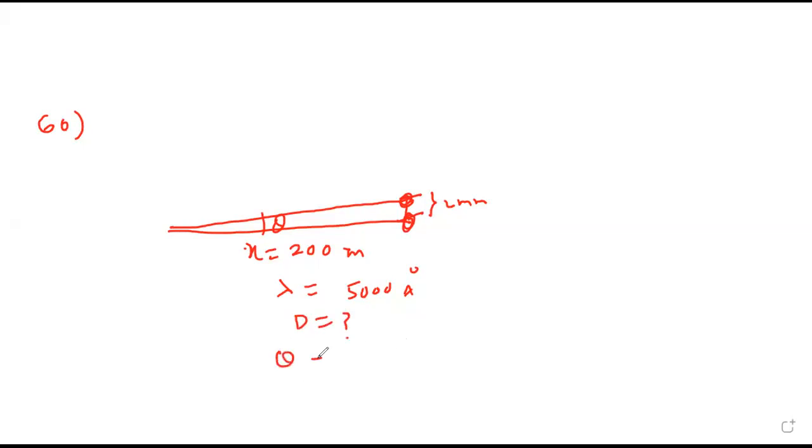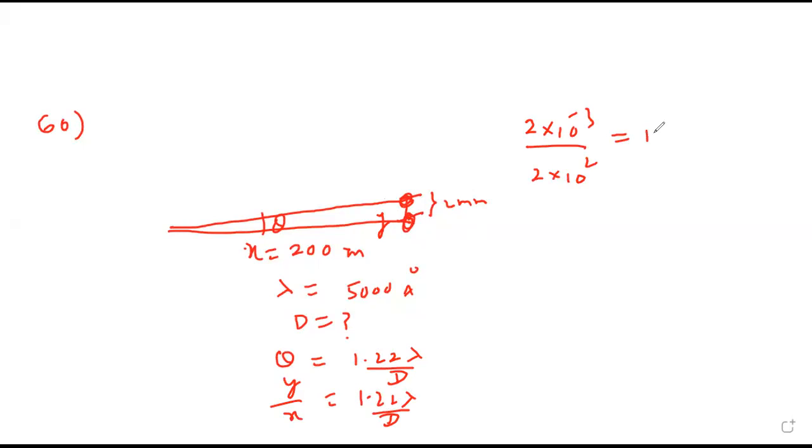Same concept for the telescope. Theta is 1.22 lambda by d. This is opposite side y upon x equals 1.22 lambda upon d. Y is 2 millimeter, so 2 into 10 raised to minus 3 meter. X is 200 meter, equals 1.22 lambda, 5 into 10 raised to minus 7. The diameter we want.